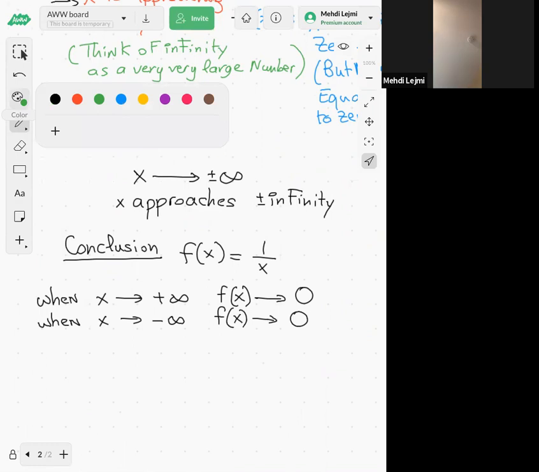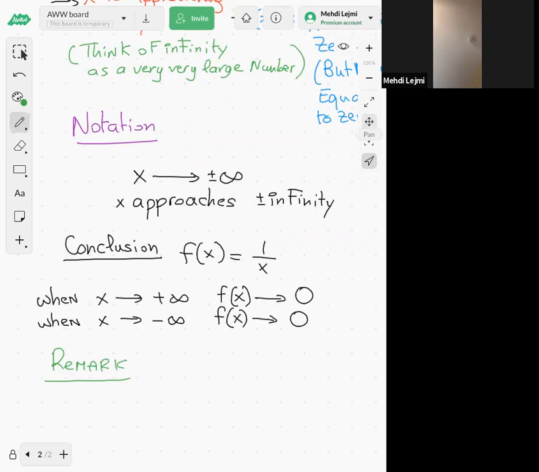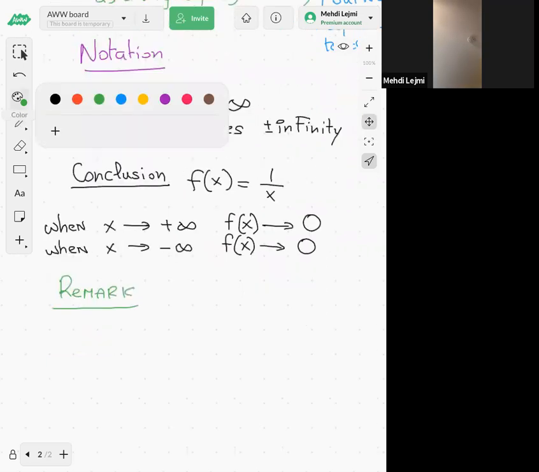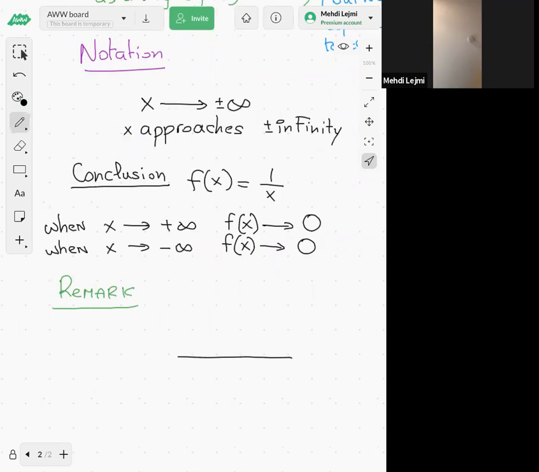Just one remark here. When your f of x approaches 0, you have your number line here, and here is 0. But if you have a number, there are two different ways to approach that number. You can approach it from the left, or you can approach it from the right.